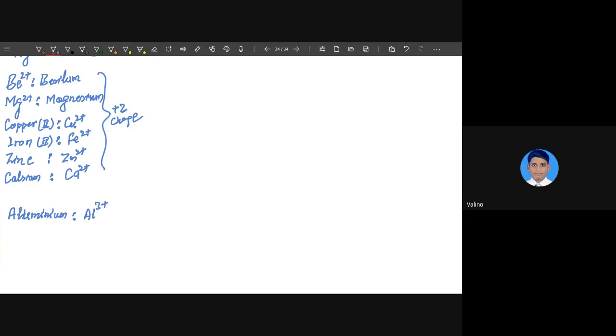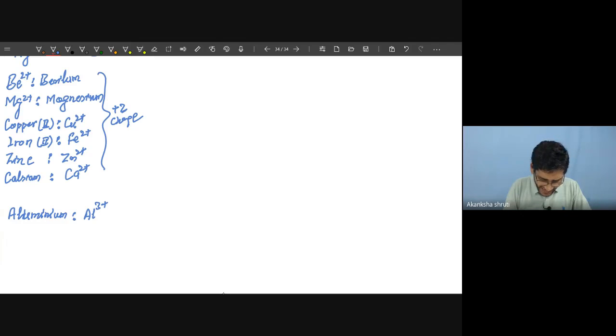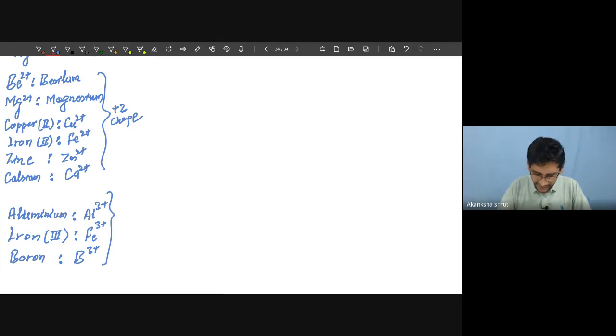Al3 plus. Another I had also written there, iron. Could you recall? Fe3 plus. Iron 3 with the valency 3. Good. So Fe3 plus. Other, boron. Boron also exists as B3 plus. These are the few that you need to keep in mind. So all of these are +3 charge.